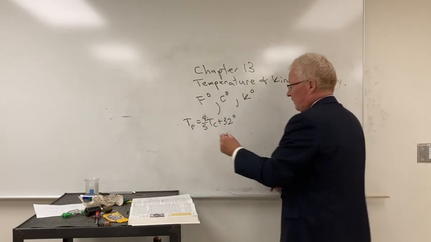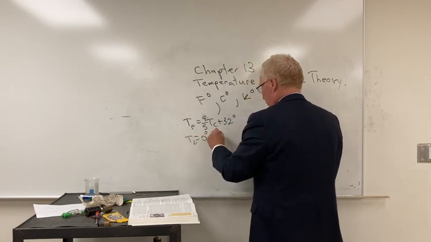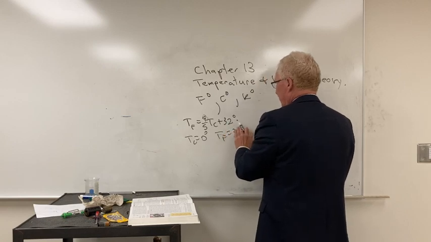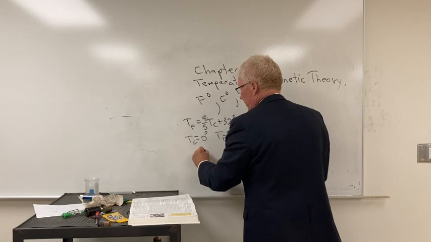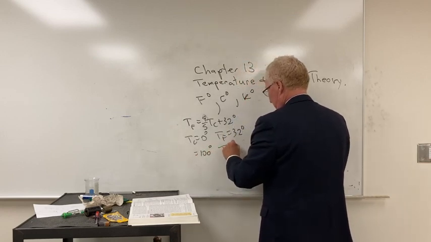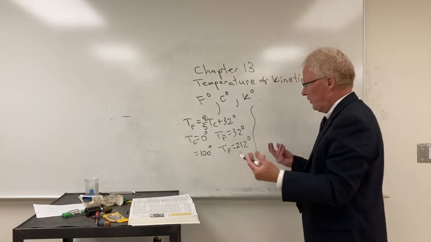So if we have a temperature of 0, that will correspond to a temperature Fahrenheit of 32 degrees, and so on. A temperature of 100 is 212. So that's the relationship in those two.